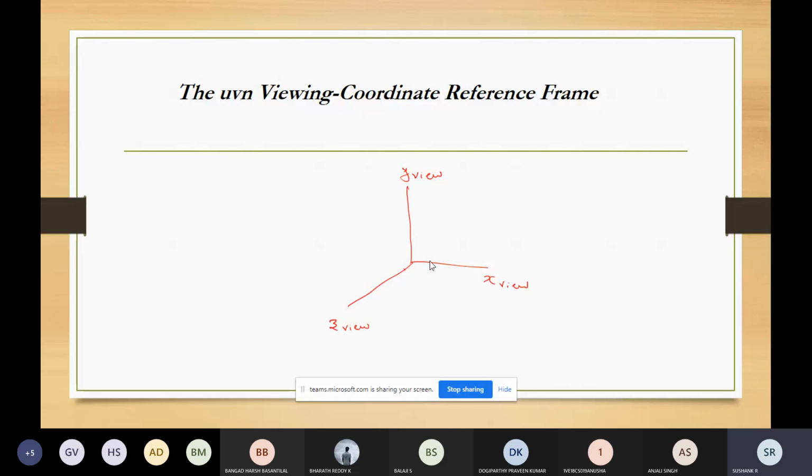In this viewing coordinate system also, we have two coordinate systems: one is the left-handed viewing coordinate system, and the second is the right-handed coordinate system.